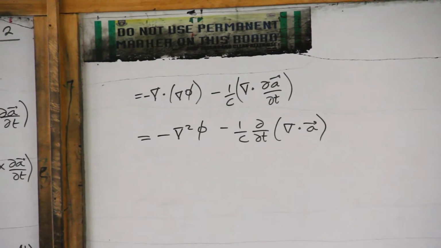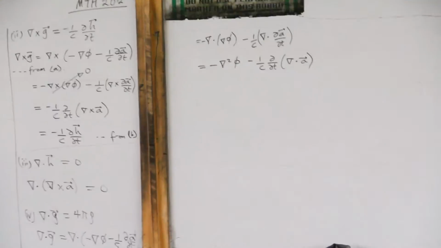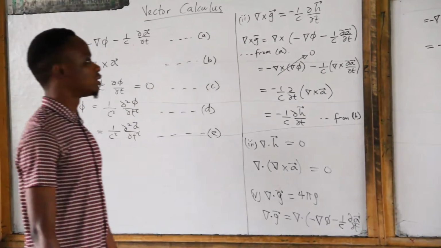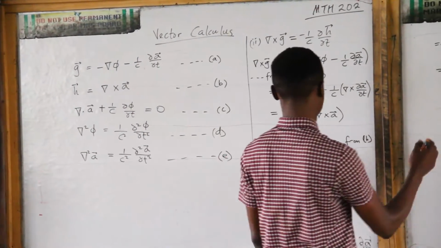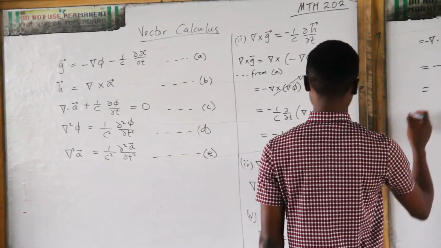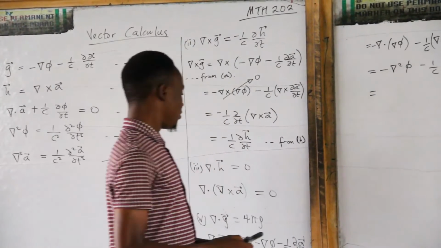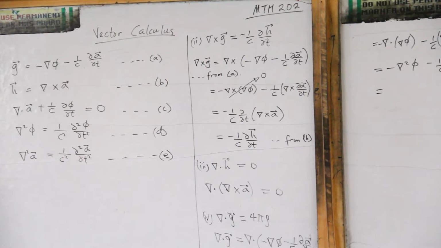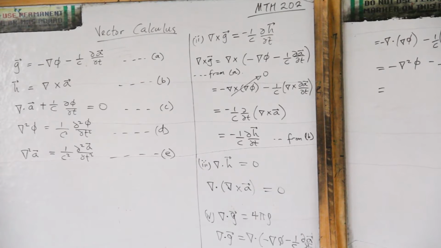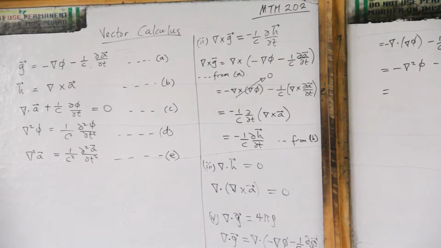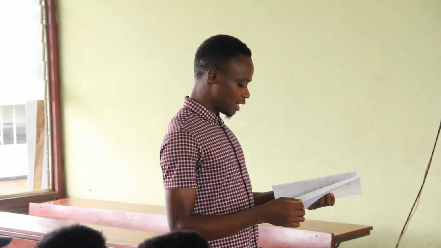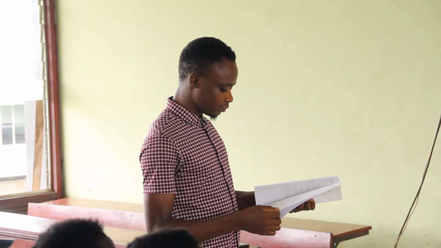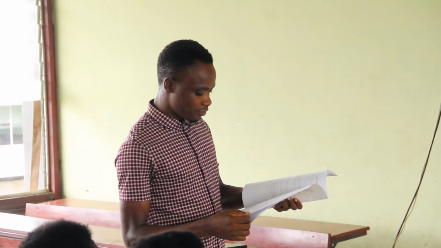So what is Nabla dot A? You have Nabla dot A to be equal to this. So you can put them together. And then you have Nabla square phi to be equal to this. The second one should be Nabla square phi plus 4 pi rho.